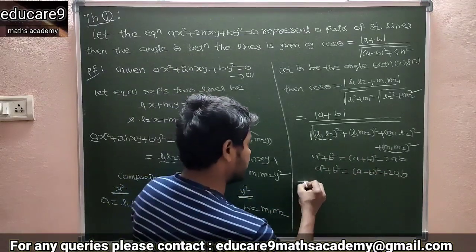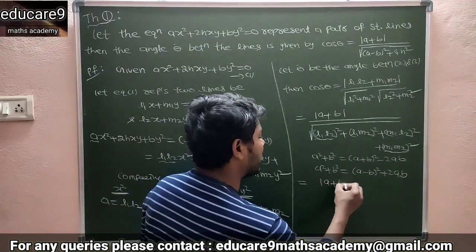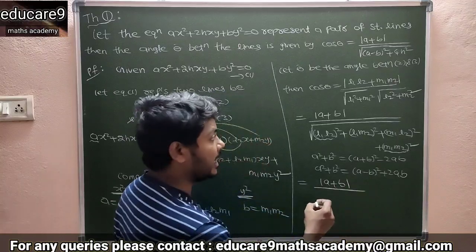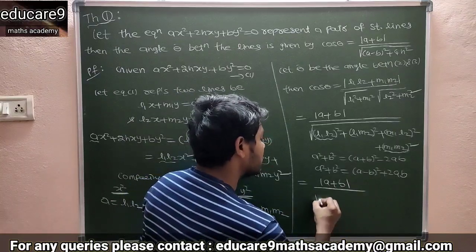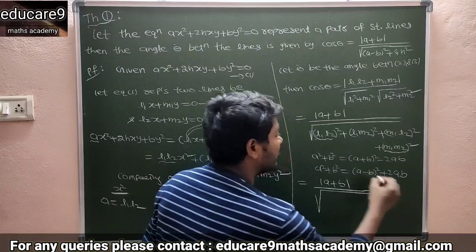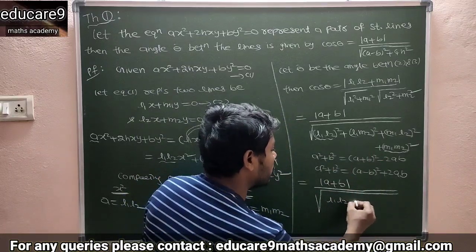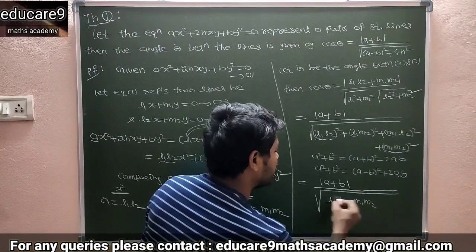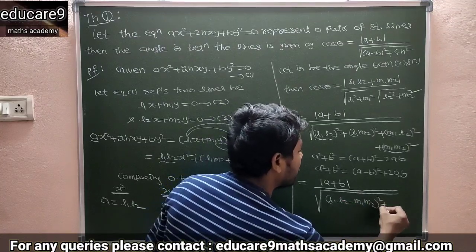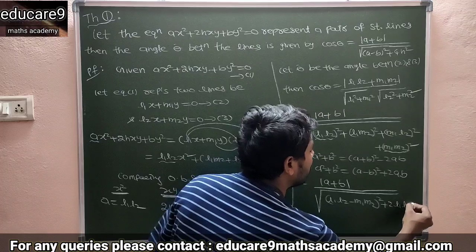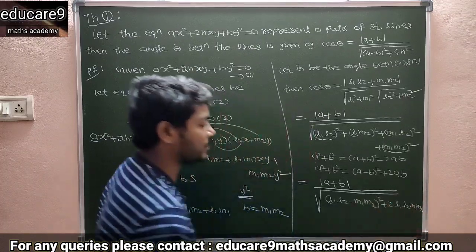Okay. So this is modulus of A plus B divided by square root of, for the first and last terms, (L1 L2 minus M1 M2) whole square plus 2 L1 L2 M1 M2.